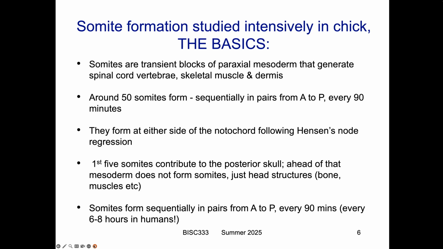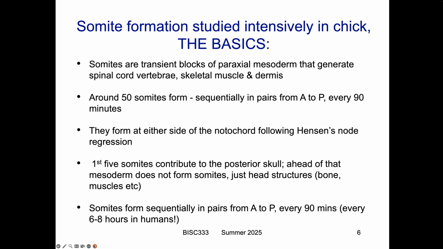And so somites are transient structures. So they're blocks of mesoderm, but by the time some of the later ones are forming, some of the earlier ones are starting to change shape a little bit because they start getting information about which part of the somite is going to form the dermis, which is right below the epidermis, what's going to be out on the lateral part and form skeletal muscle, and then what part is more medial, so close to the midline, and is going to produce spinal cord vertebrae, so the bones of the spinal cord.